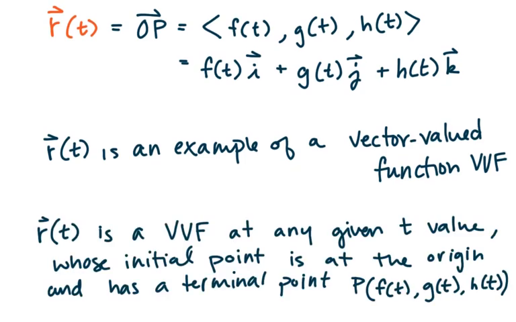So r of t is a vector valued function at any given time value, t. And the initial point is always going to be at the origin, and we'll have a terminal point, some point on that curve determined by those three parametric components.